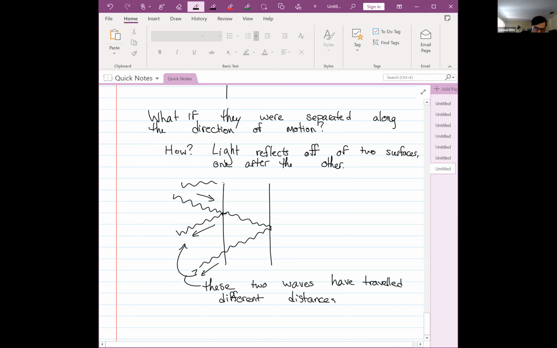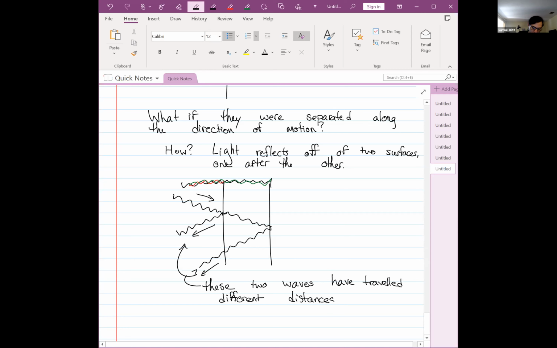If this had come in parallel or perpendicular, then one reflected wave would look like this, and then the transmitted wave would keep going through, and then another reflected wave would look like this. So they would interfere with each other. It's just harder to visualize that way, so that's why I put them at an angle, so they separate. But imagine that these are indeed overlapping, and they are traveling in the same direction and so on. This is just an abstraction that we have to use to visualize these things. But they've traveled different distances is the important part.